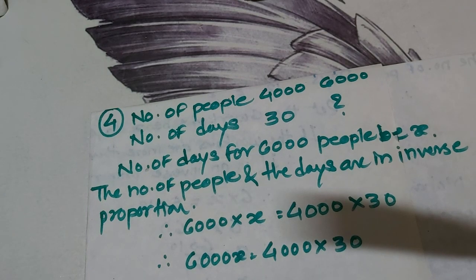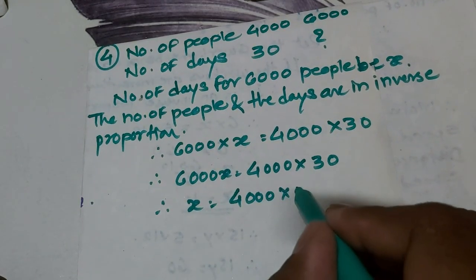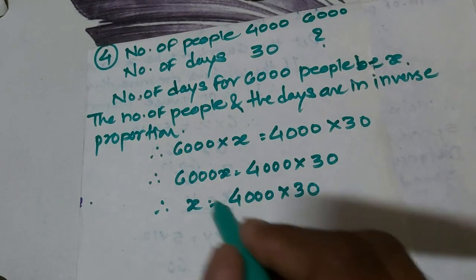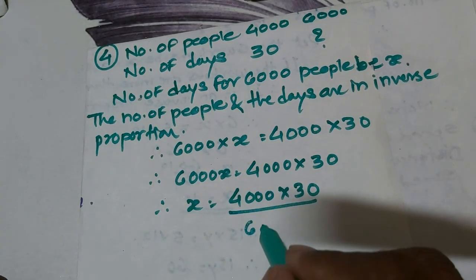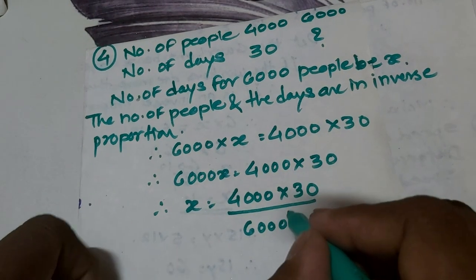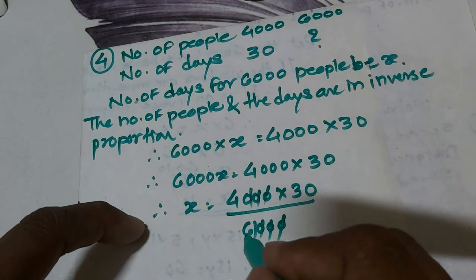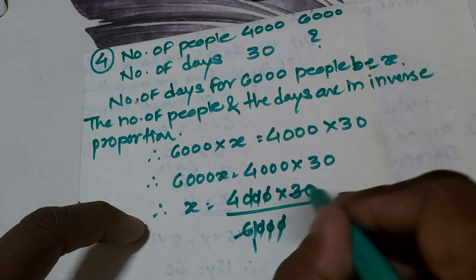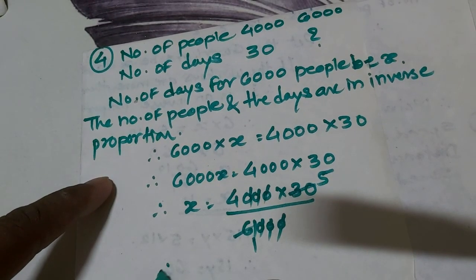Therefore now x is equal to 4,000 multiplied by 30 upon 6,000. This 6,000 is multiplied here; when it transposes to the other side, it becomes division. So this 0 cuts, this 0 cuts, then 6 1s are 6, 6 5s are 30.